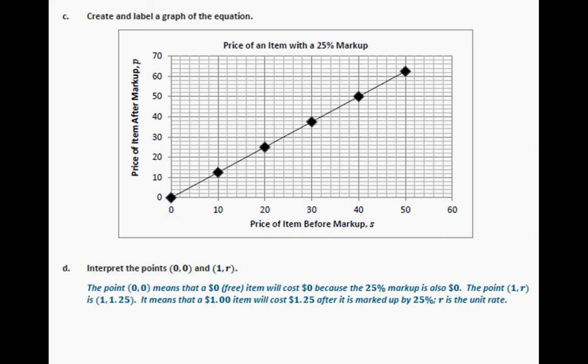The point (1, r) means (1, 1.25) because a $1 item will cost $1.25 after it's marked up by 25%, and r is our unit rate. So as we add dollars to the price of the item, it is going to increase $1.25 for each of those dollars.